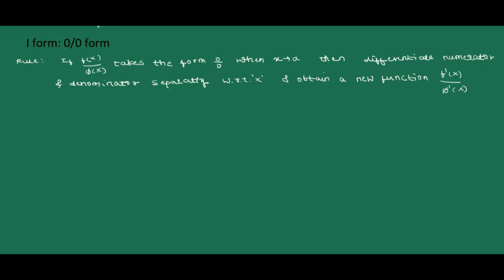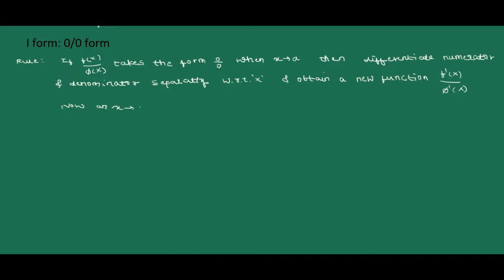Suppose after differentiating you get f dash x divided by phi dash x, then again we have to put x is equal to a, and after substituting x is equal to a, if you again get 0 by 0 form, then you have to differentiate again numerator and denominator separately.